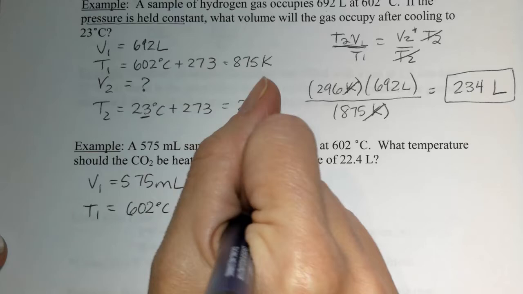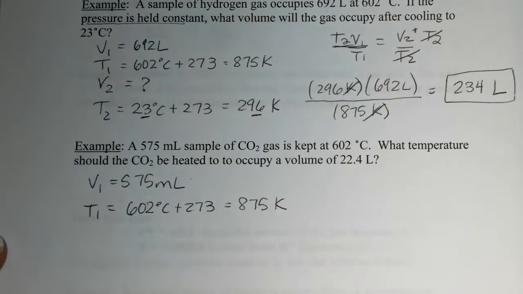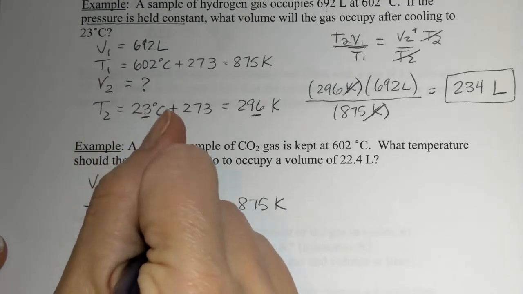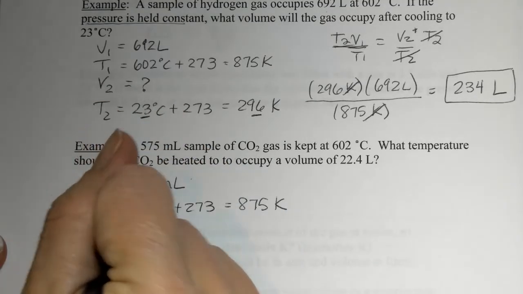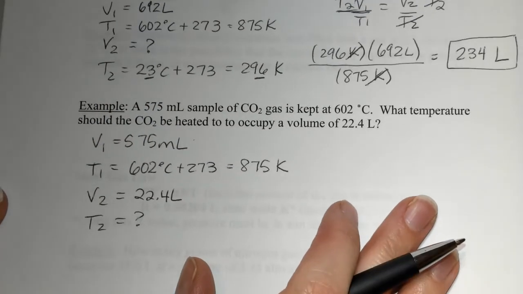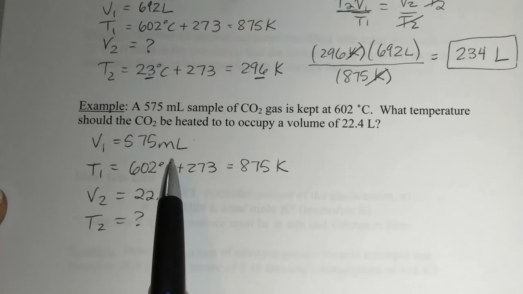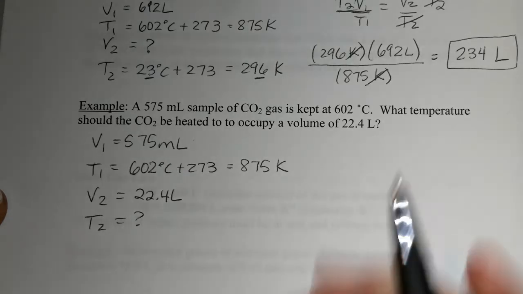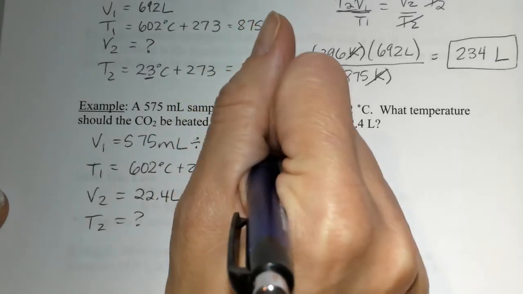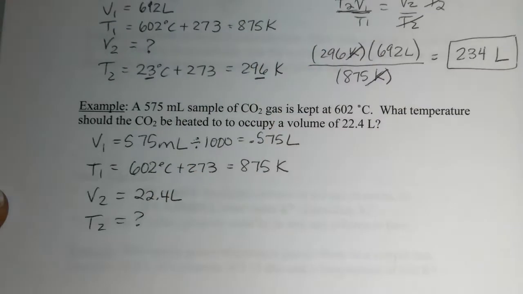So I'm going to have 875 for Kelvin. And then V2 is 22.4 liters, and T2 is what I'm looking for. And again, your volume units have to match. So milliliters go to liters, or liters go to milliliters, whatever you prefer. I'm just going to go ahead and divide V1 by 1,000, so it's really 0.575 liters.